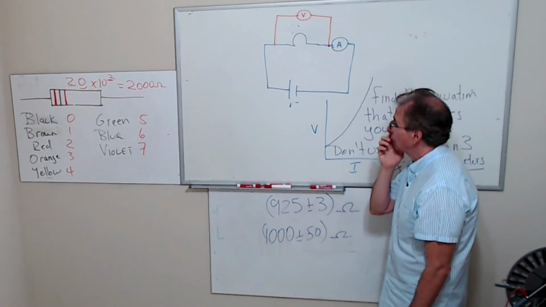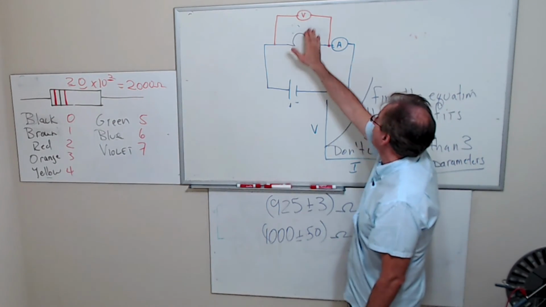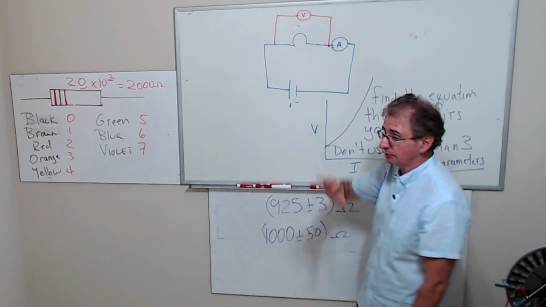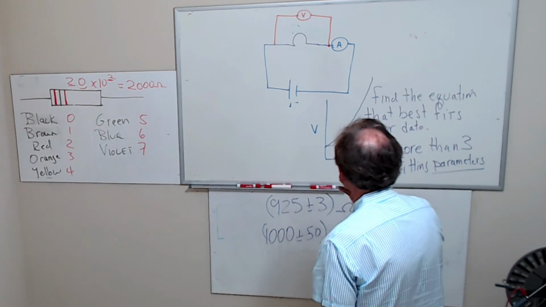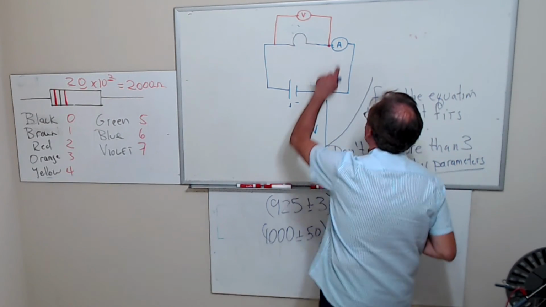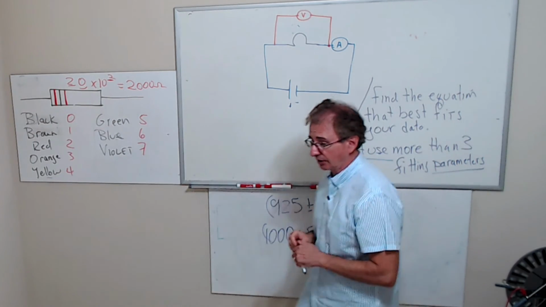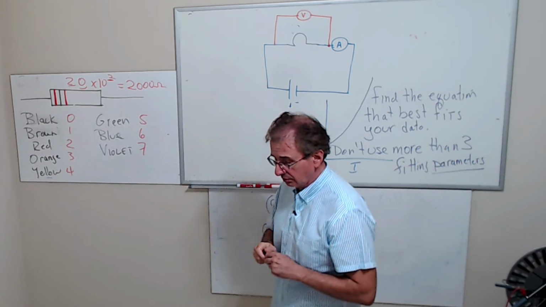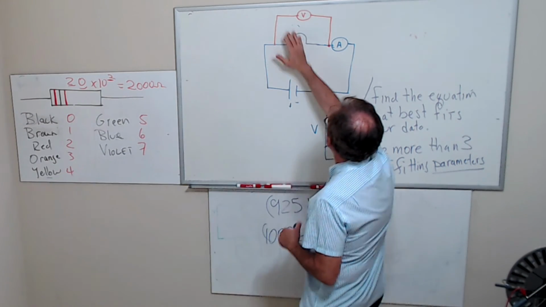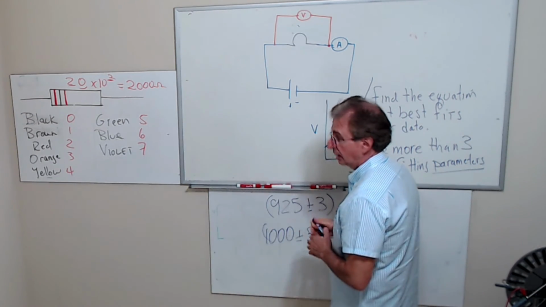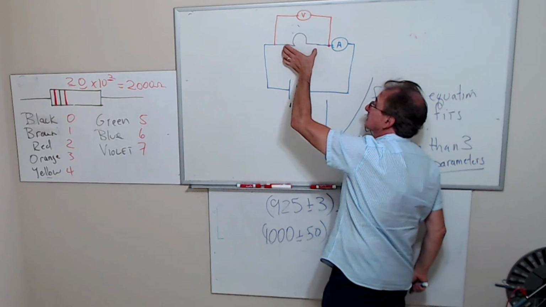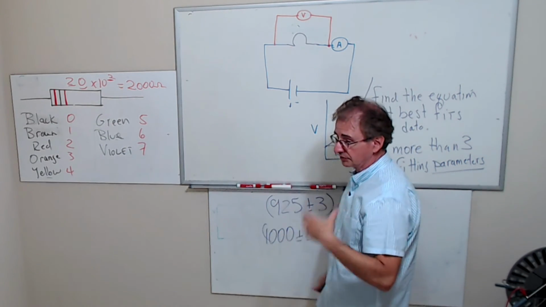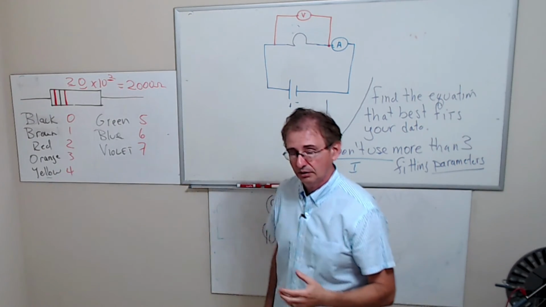Okay. So I do want to say something about, and I forgot to say this before, about the voltmeter and the ammeter before I talk about the last part of the lab. The ammeter and the voltmeter have to have special characteristics. Number one, when you measure voltage, obviously the voltage across the meter has to be the same as the voltage across the resistor or the light bulb.